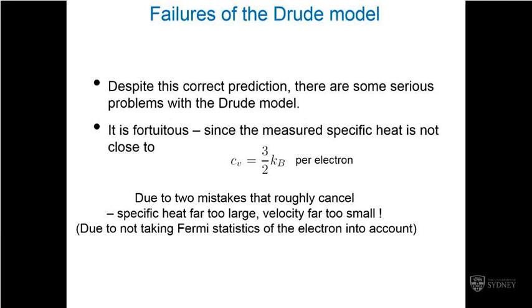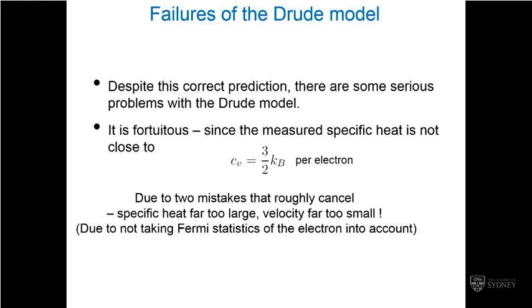It's because there's some cancellation of errors, okay? Now, where are the errors, cancellation? In Drude theory, he used the specific heat as given here per electron, okay? Now, this is not necessarily a very accurate number, and in fact, for real materials, it's too large, okay? So the specific heat that he used is too large, and the velocity that he calculated using the thermal velocity of a kinetic gas is too small, okay?